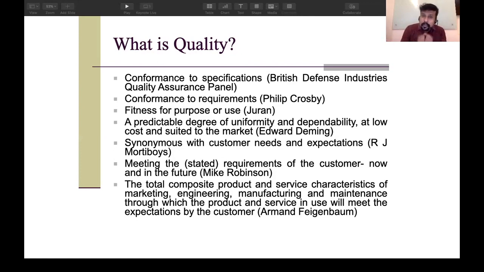Then after they buy your product, you're supposed to maintain it. So these are some of the basic characteristics of a product. And if all these four characteristics are there in a product, then you say that this particular product is a quality product. Okay, so these are the definitions of quality.